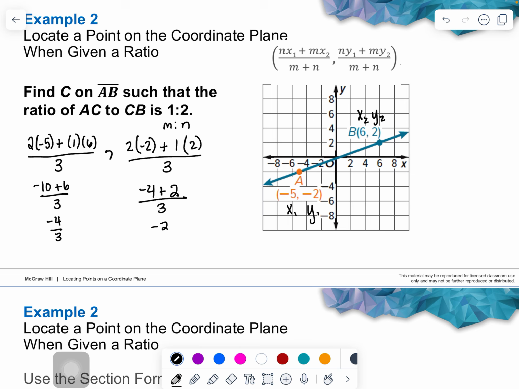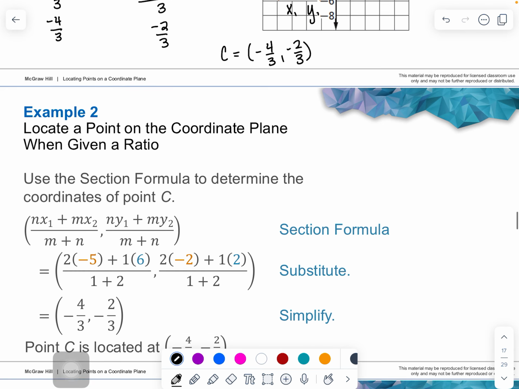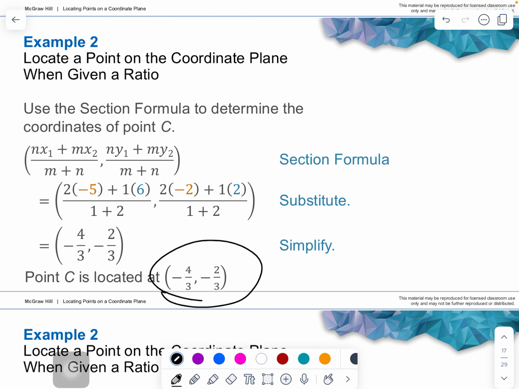It's going to be -2 over 3. So our coordinate, C, is going to equal -4/3, -2/3. So let's go check to see how we did. -4/3, -2/3. That's actually not so bad. You might like that equation better than the first one.